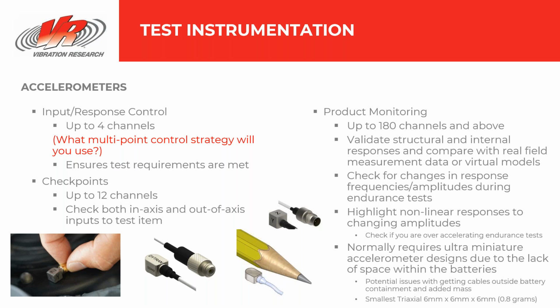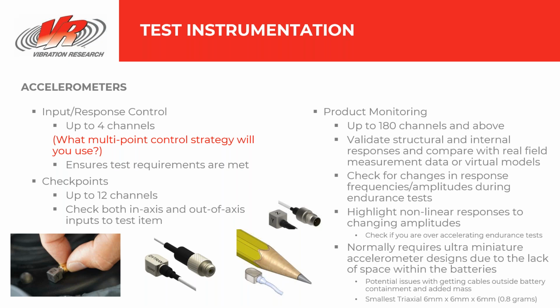What we'd also, it's a slightly different terminology, is actually add checkpoints on there, so that there might be both in axis and out of axis checkpoints that you're checking as part of your conformity to ensure you're meeting the requirements for either cross-axis vibration or checking that you've got the right inputs to the test items. So they might not be part of the control strategy, so you might not be controlling them, but you're checking these positions to ensure that these are giving you the right vibration levels into the test item.